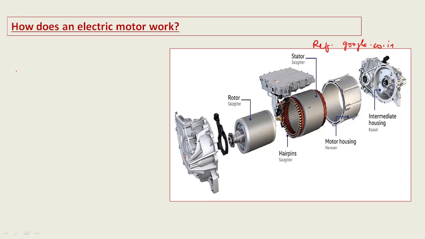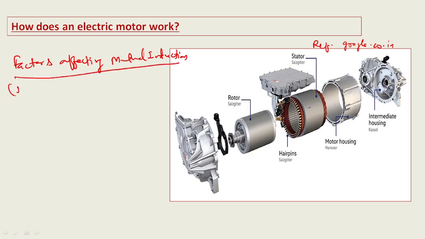So we were discussing the factors affecting mutual induction. Which are the factors? The first is the number of turns in the coils, that is N1 and N2, both.